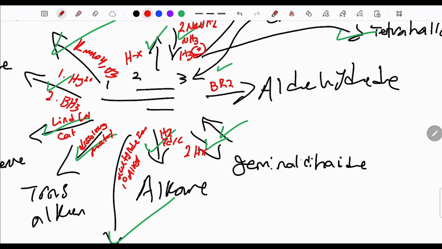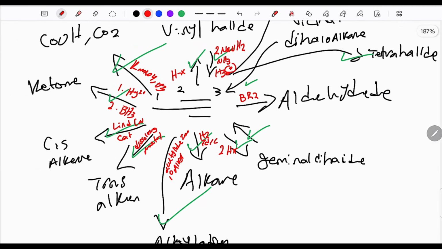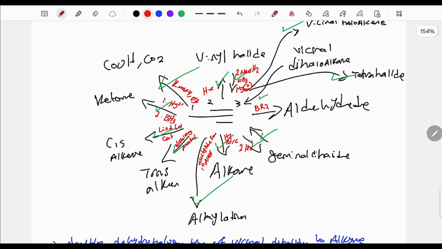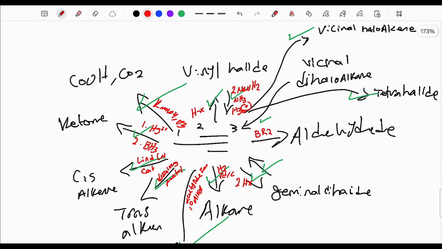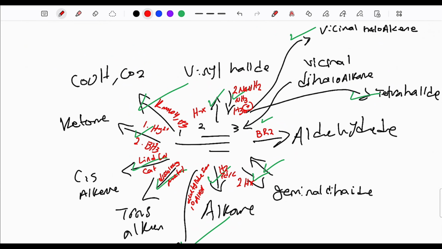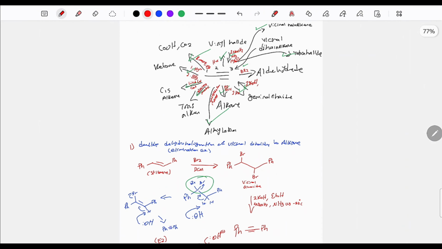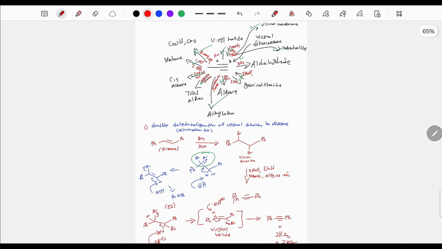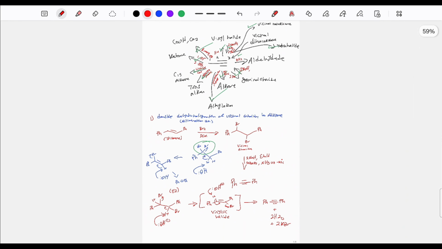How do I go from a geminal dihalide back to a vinyl halide? Well, the same way you do that from a vicinal dihaloalkane. You do that by a double elimination by using 2 KOH in ethanol, because it is an elimination step.